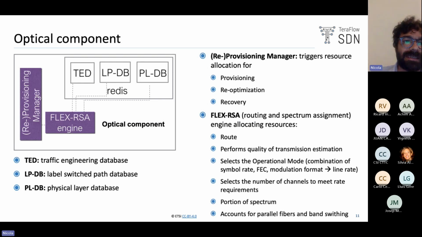This engine exploits a set of databases, a traffic engineering database, a label switch path database, and a physical layer database to perform quality of transmission estimation.